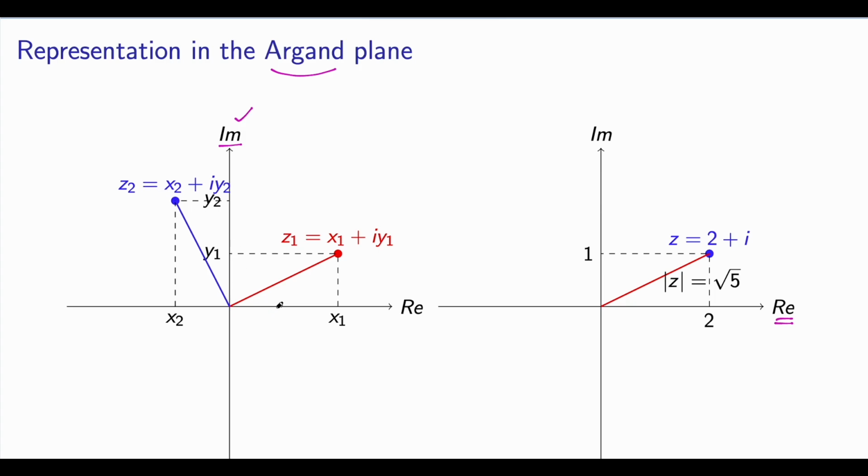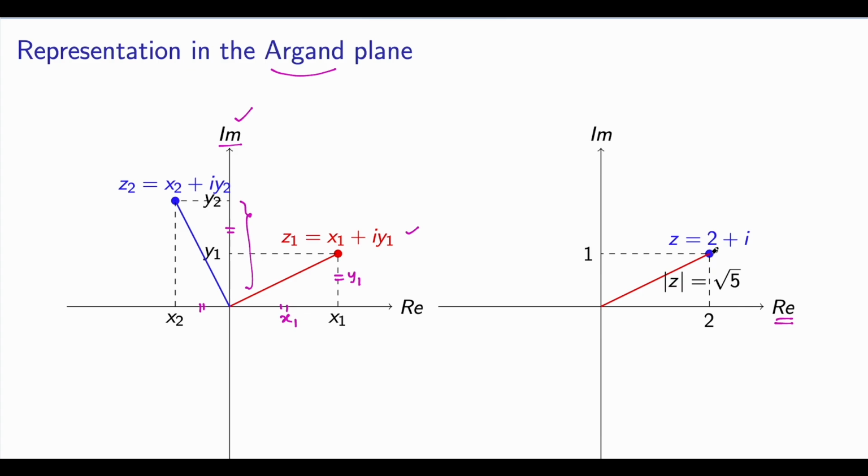You run along the x-axis with distance x1 and the y-axis height will be y1, then you can write x1 plus iy1 as this complex number. Similarly, if you run x2 along the axis and then y2 height, it is x2 plus iy2. Like that you can represent in an Argand plane.